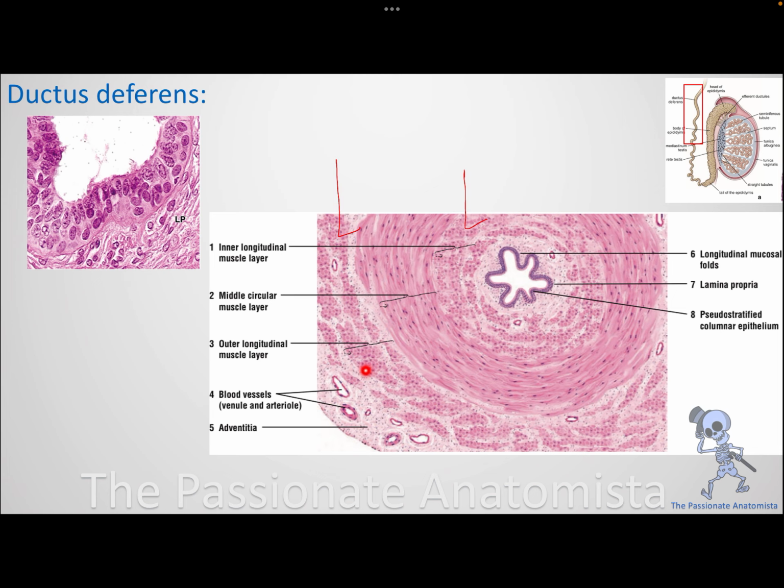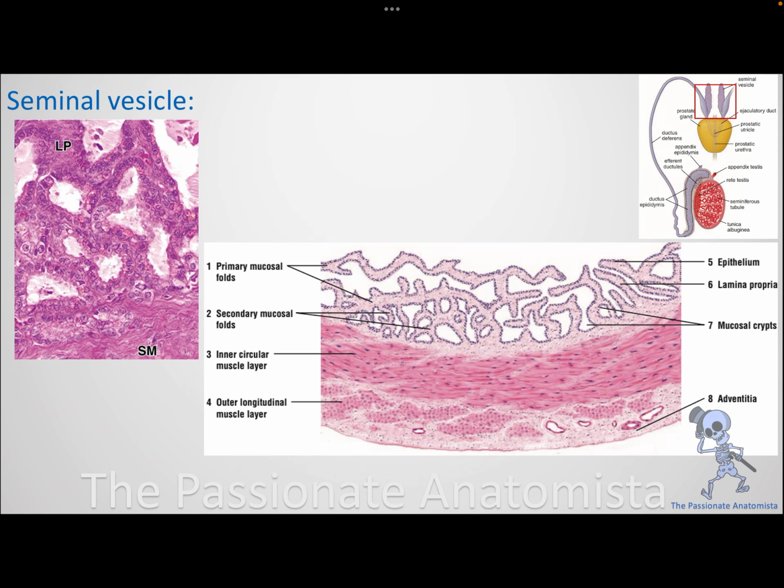Then we have the muscular layers, and at the very outermost, the adventitia, we have another connective tissue with the blood vessels and everything else we would need. That is the last layer of the ductus deferens, or vas deferens.